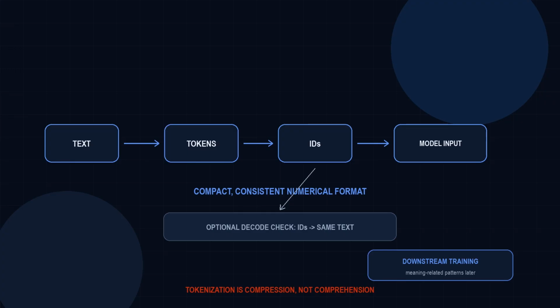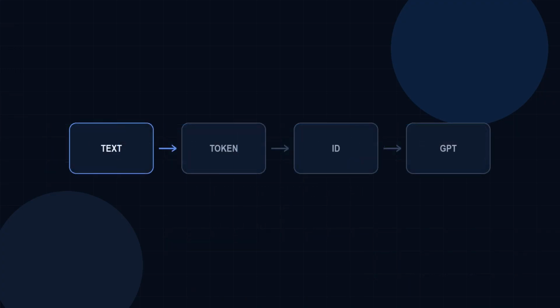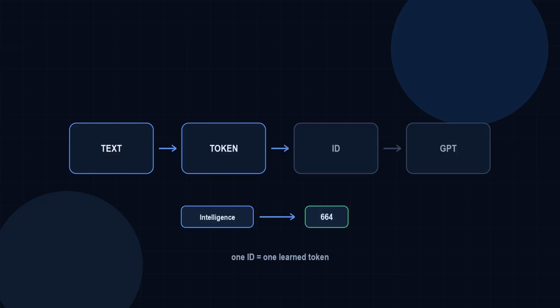So the takeaway is that GPT never reads the text directly. It reads a stream of integer IDs where each ID represents a subword token learned from the training data. Tokenization sits between raw text and the model, converting one into the other.